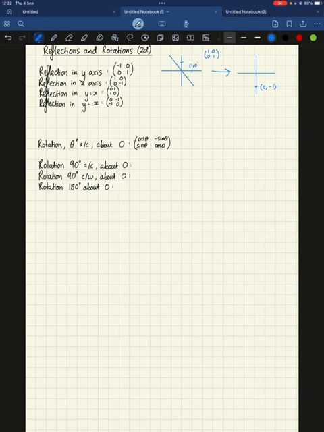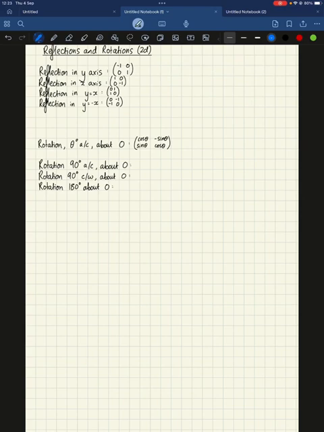Because if that's 1 0, and it's being reflected in y equals -x, well, that's just going to become -1 0. Because y equals -x, the x is 1 over here, so -x will be -1. And it's the same over here, so our j vector will be transformed over here to -1 0. And the matrix for this is 0 -1, -1 0. And that's the same thing. So we can derive these matrices just from starting here.